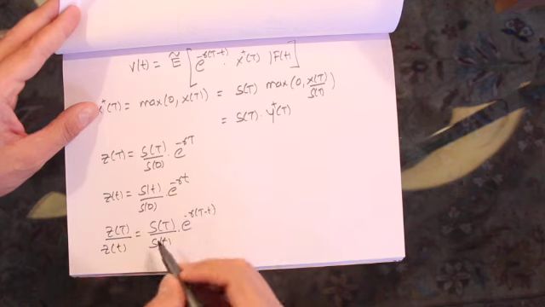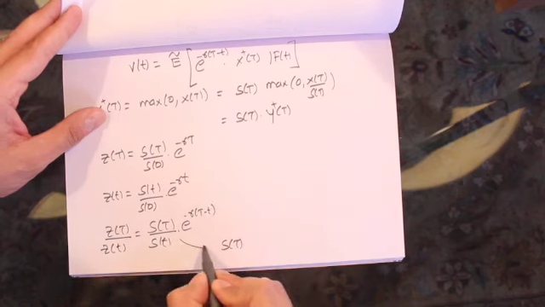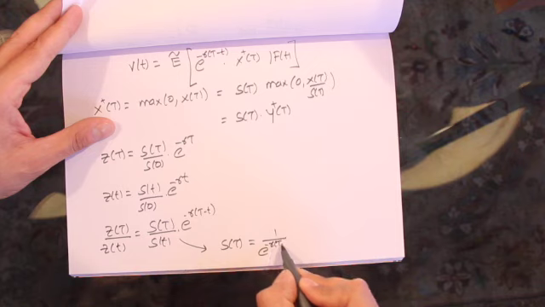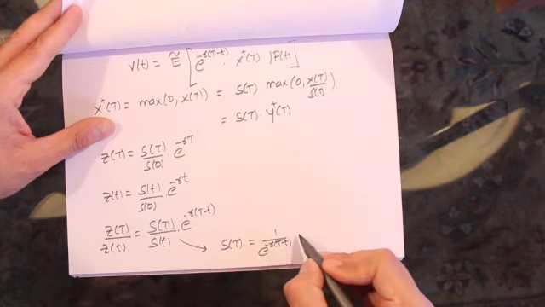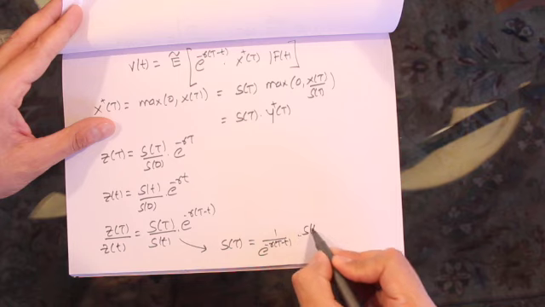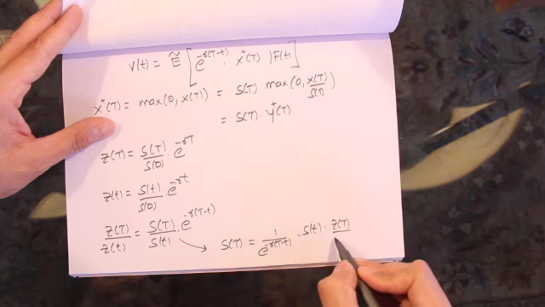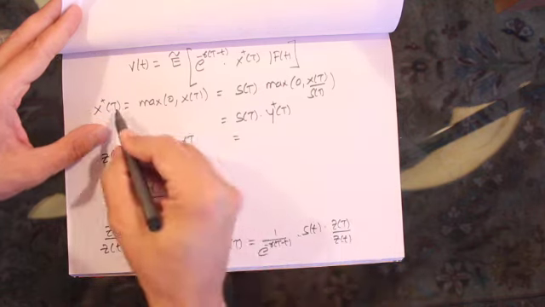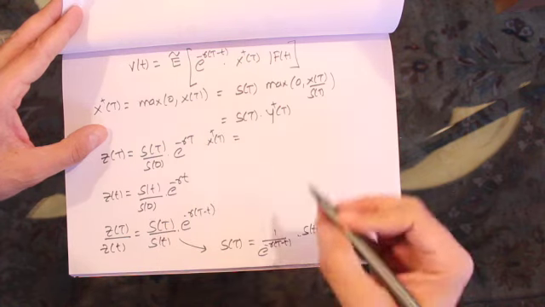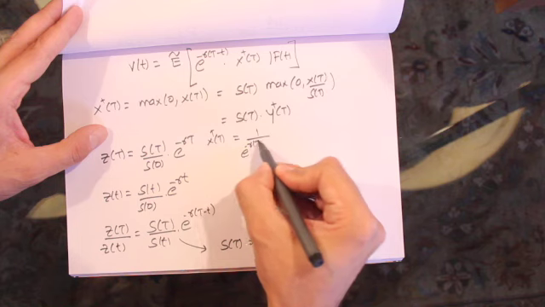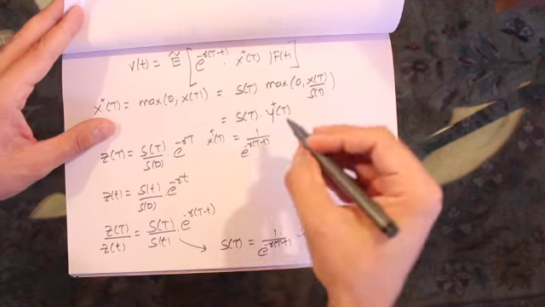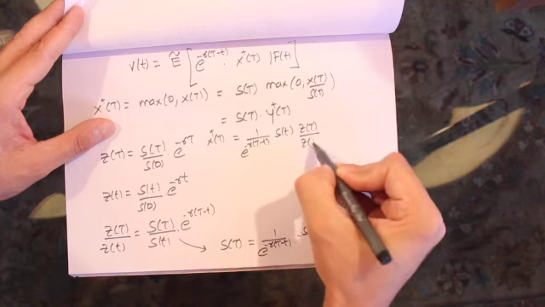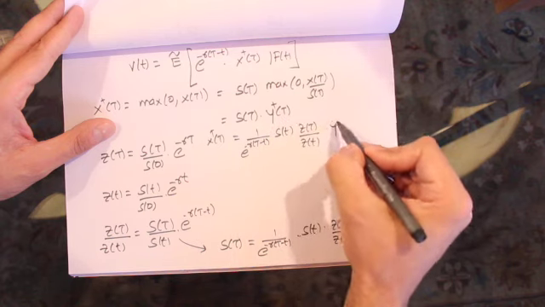From here we can see s of T is given by 1 by e to the power of minus r (T minus t), times s of t times z of T by z of small t, right, which we can substitute right here. So x plus of T becomes 1 by e to the power of minus r (T minus t) times s of t times z of T by z of small t times y plus of T.